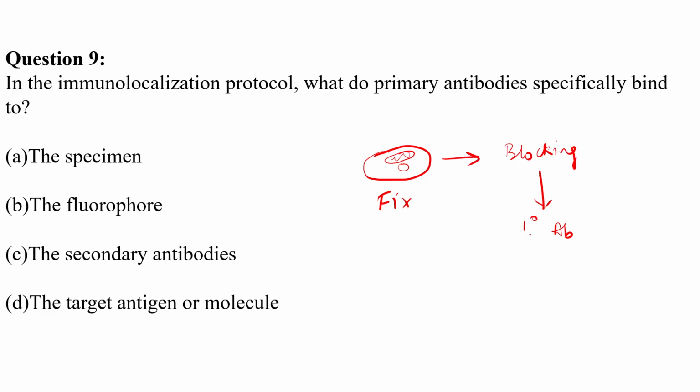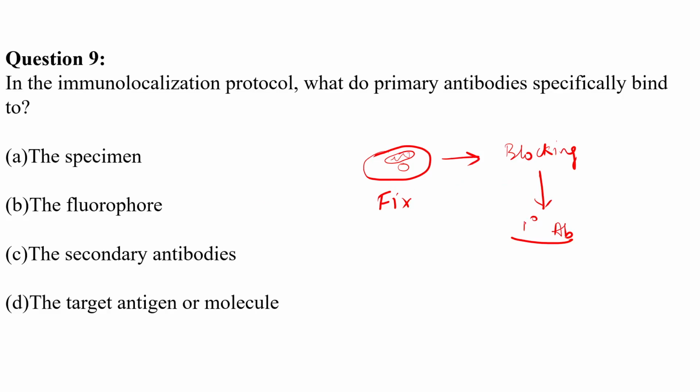The primary antibody will be specific to whatever I want to see. Let's say I want to see if a protein is present inside the nucleus or the mitochondria. I know the protein goes to either the nucleus or mitochondria, but I don't know where it is actually going.